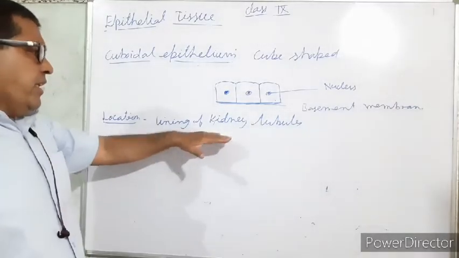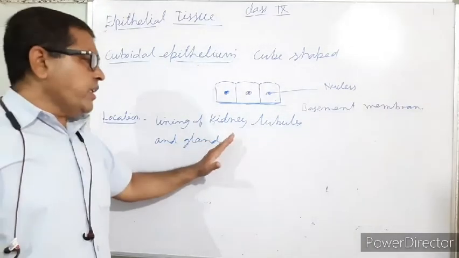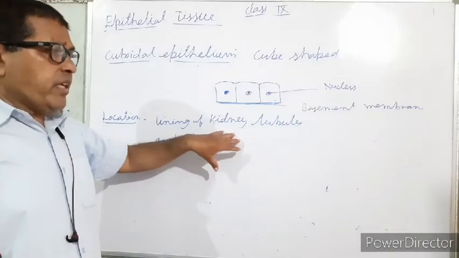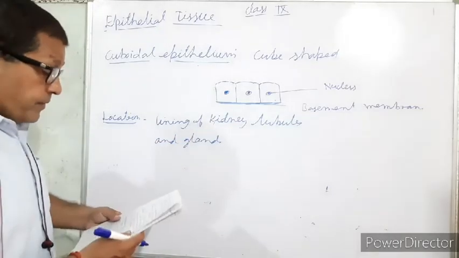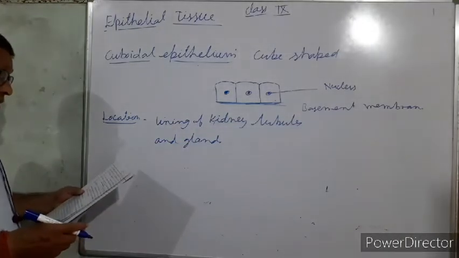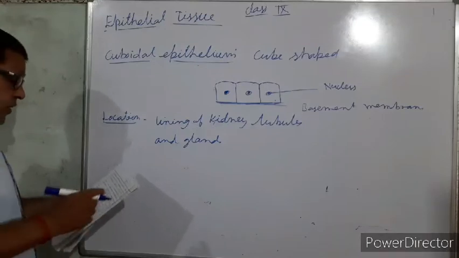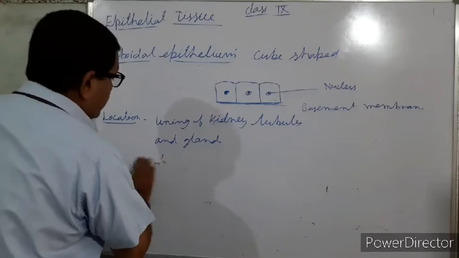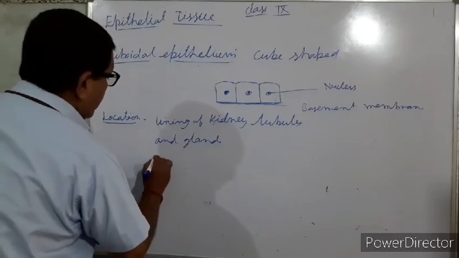Glands means the endocrine gland as well as the exocrine gland, the salivary gland and other glands. It also forms the germinal epithelium of gonads.